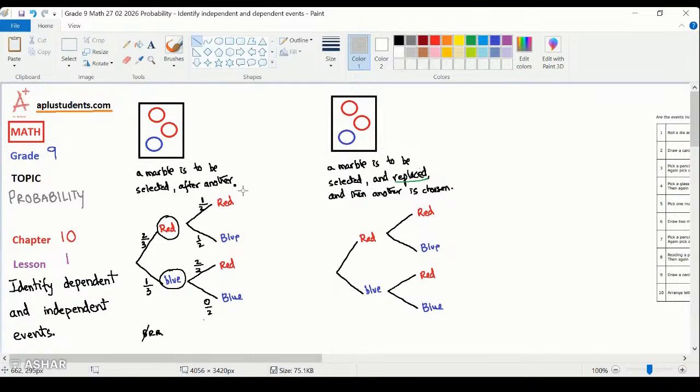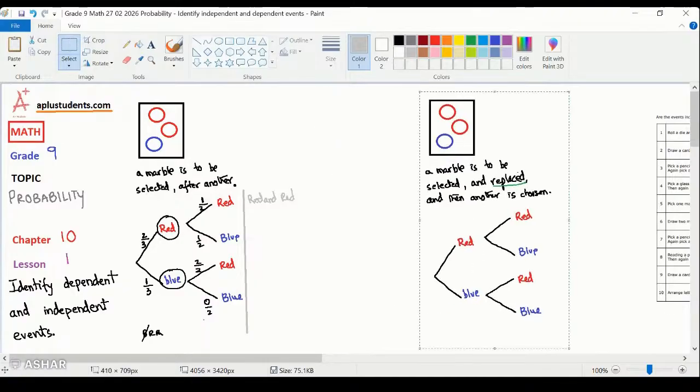If we need to find the probabilities over here, what happens in a probability is, this is red and red. Agreed? This was red and red. So in probability, and means multiplication.